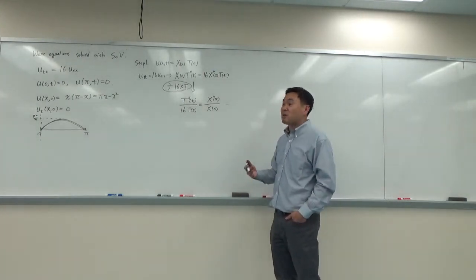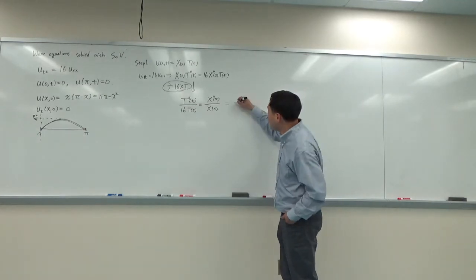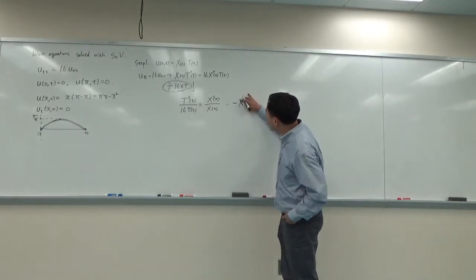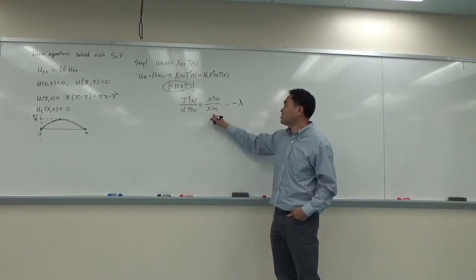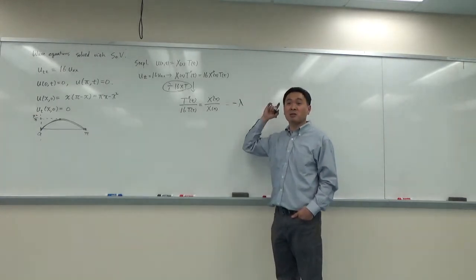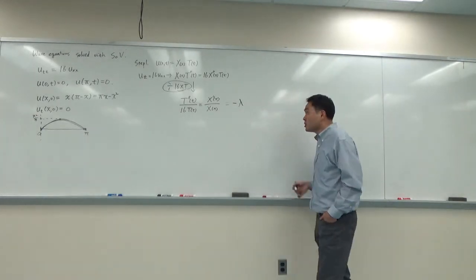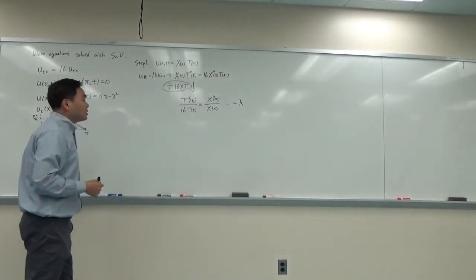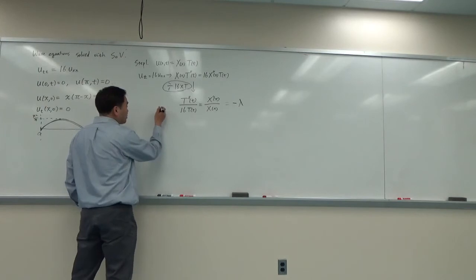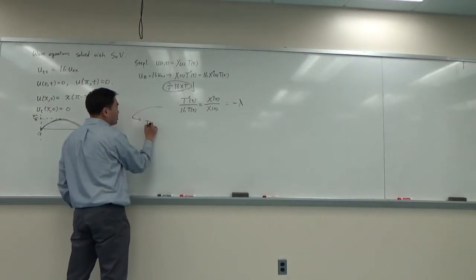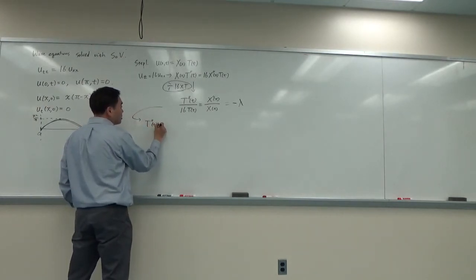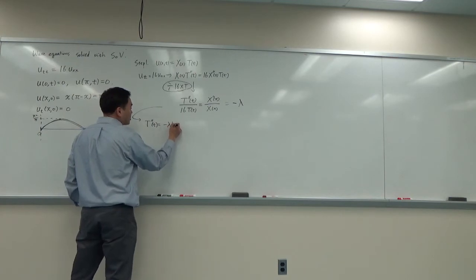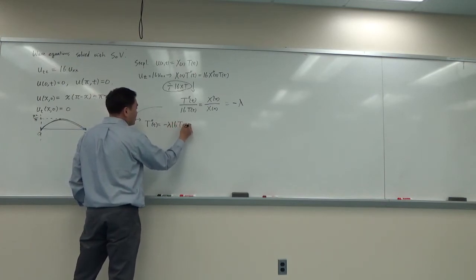And by convention, we always name that constant as negative lambda, just because if you do that, the second equation gives you the Sturm-Liouville problem. Okay? So we're going to do that. This now splits into two equations. T''(t) equals negative lambda times 16 T(t).